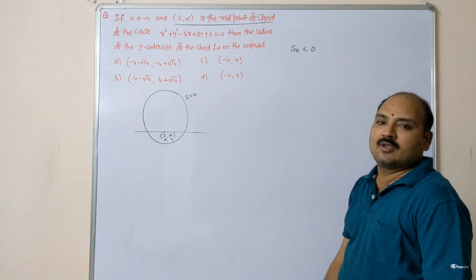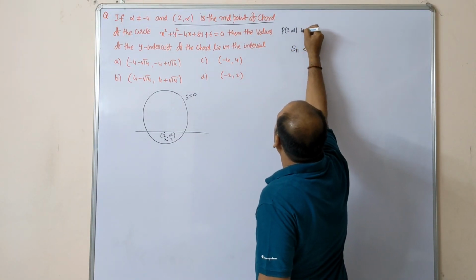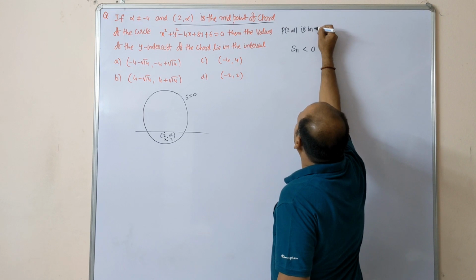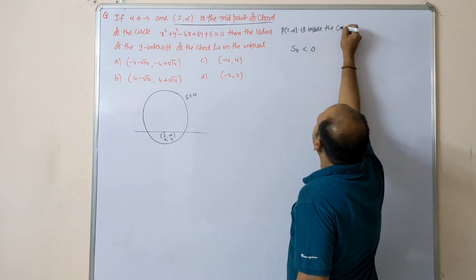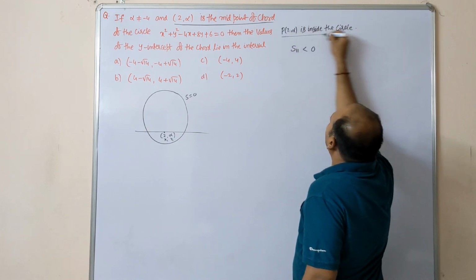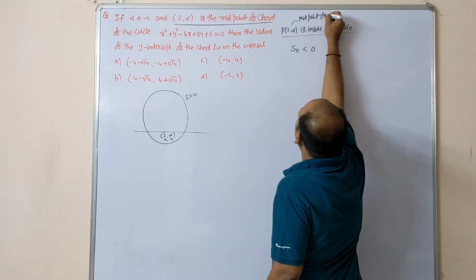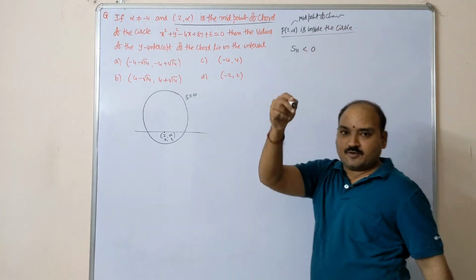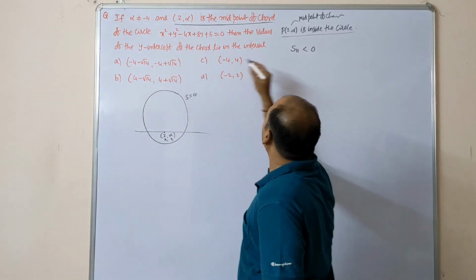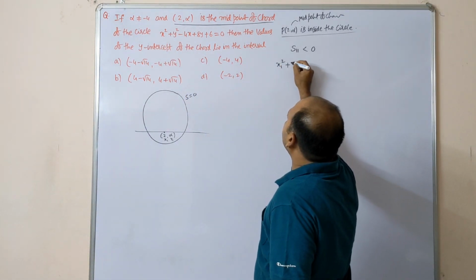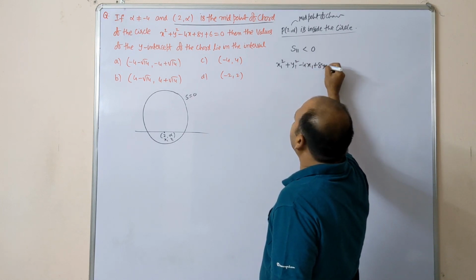So P of (2, alpha), the midpoint of the chord, is obviously inside the circle. S11 means in place of x, y, put x1, y1: x1 square plus y1 square minus 4x1 plus 8y1 plus 6 is less than 0.